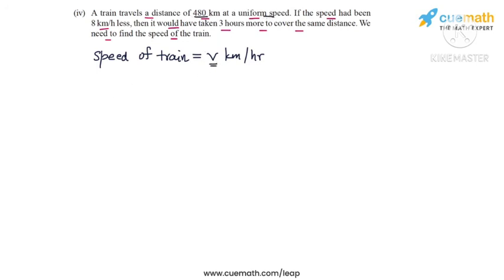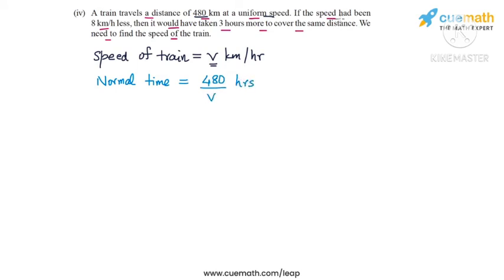So to cover a distance of 480 kilometers, the normal time would be 480, the distance, divided by v, which is the speed. So 480 by v hours.